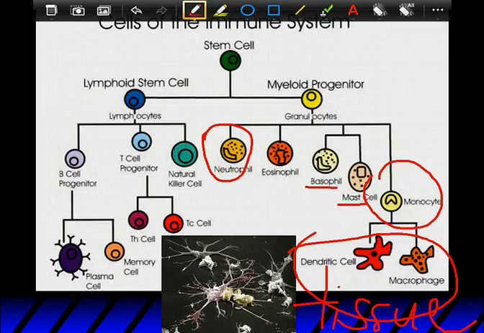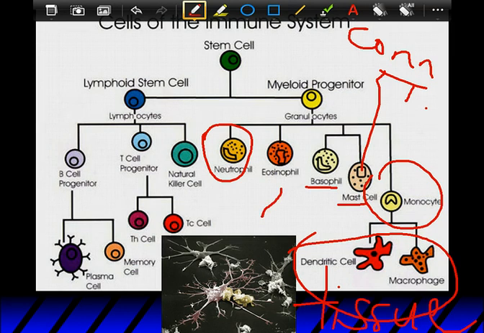Same with their cousins, basophils. Mast cells are in connective tissue. Basophils are in blood. Eosinophils are in blood. These are the ones that are also associated with allergic reactions and also parasitic infections like worm and protozoan. And then in the third video, we're going to talk about immunity, and you're going to hear much more about these B and T cells.